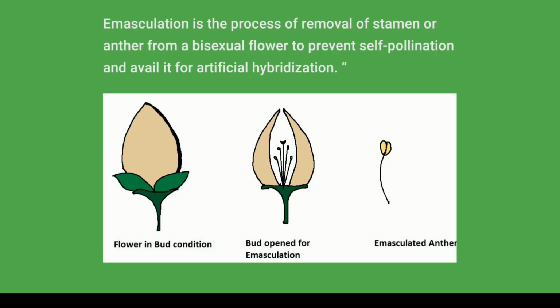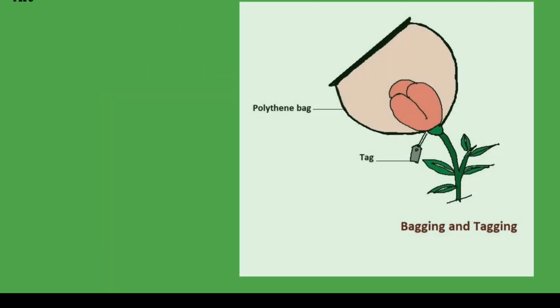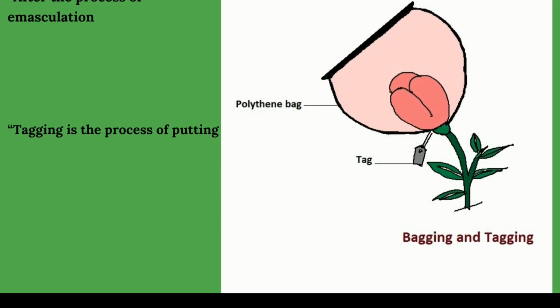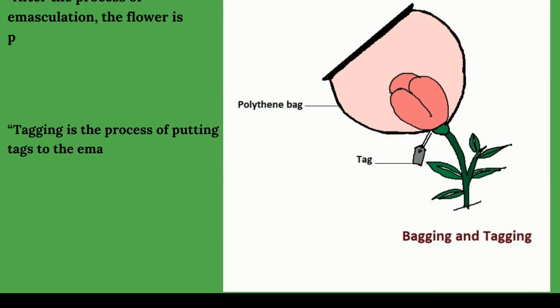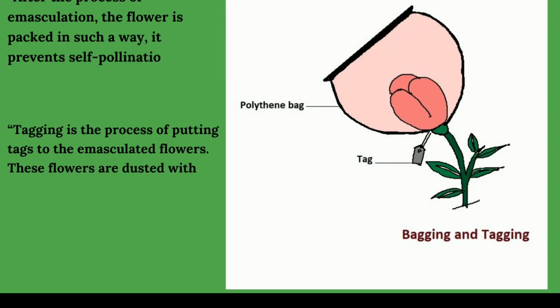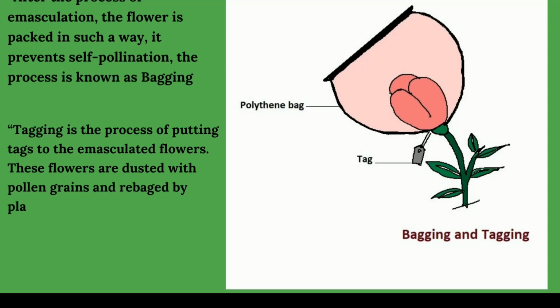Once the anther is removed, it is called the emasculated anther, and after that the process of tagging and bagging takes place, as shown in the figure. The emasculated flower has to be packed in a polythene bag.